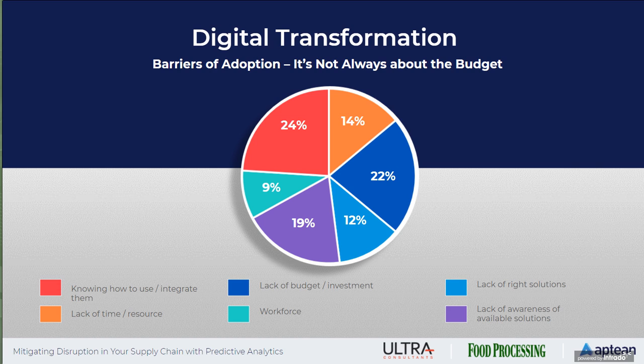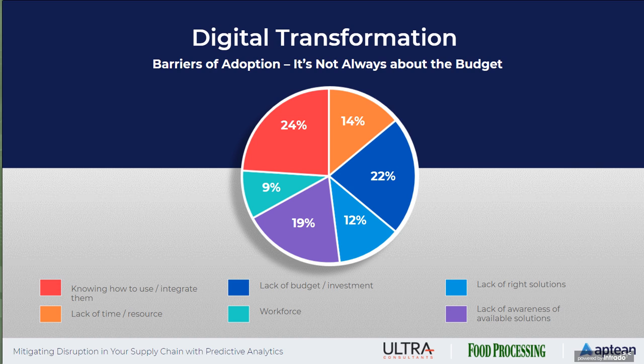Now, close behind it, number two, at 22% was lack of budget. So, money was important. But then I thought number three was kind of telling as well. That was lack of awareness of available solutions. And when I think about that, to me, 1 and 3 are related. Not knowing how to use them, not being aware of available solutions.